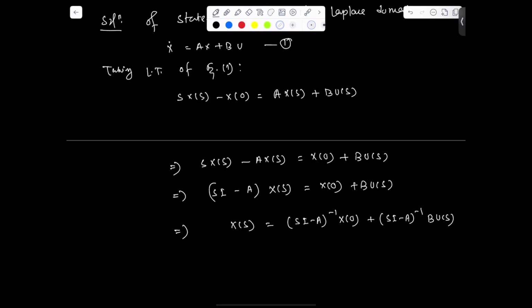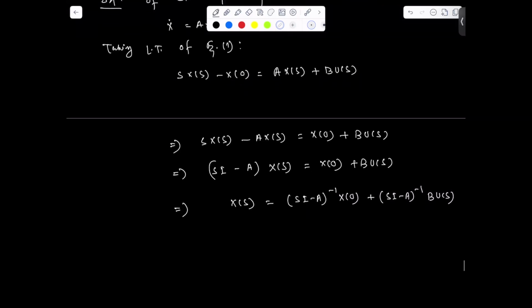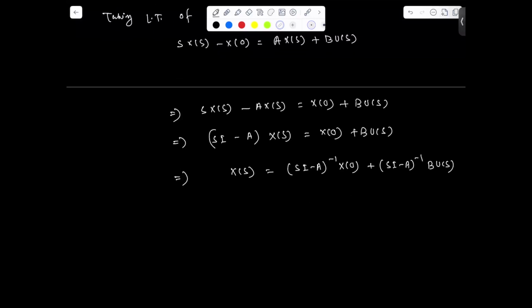And from this we can write, please note there is an important formula also for the (sI minus A) inverse term. We know that (sI minus A) inverse is I by s plus A by s squared plus A squared by s cube and so on.